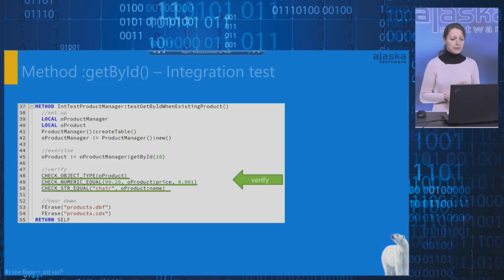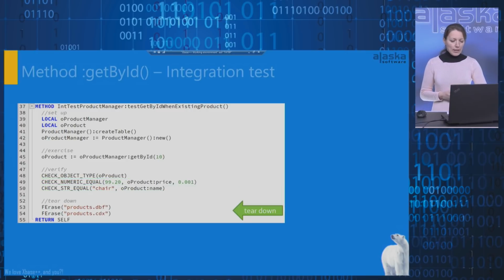And in the next line, I use the verification command checkStringEqual, and I check that the expected product name is equal to the returned product name. And here we have the phase teardown, and in this phase I clean up all allocated resources. So I delete the table products and its indexes.